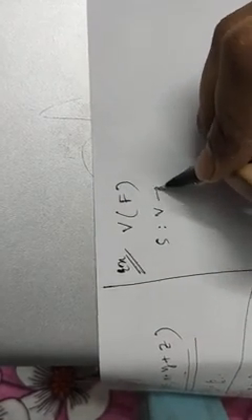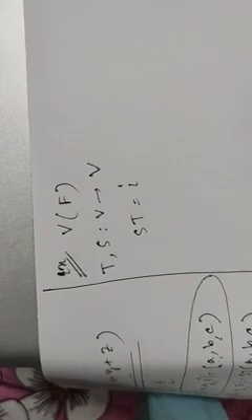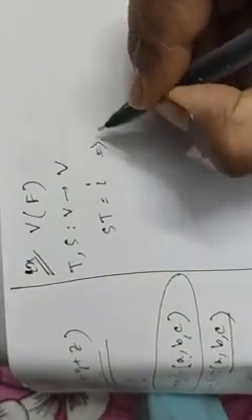Example: let V be a finite dimensional vector space over a field F, and S from V to V and T also from V to V, that is S comma T, both are from V to V, are linear mappings such that ST equals I, that is the identity mapping. Then prove that TS equals I. We just have to prove that.